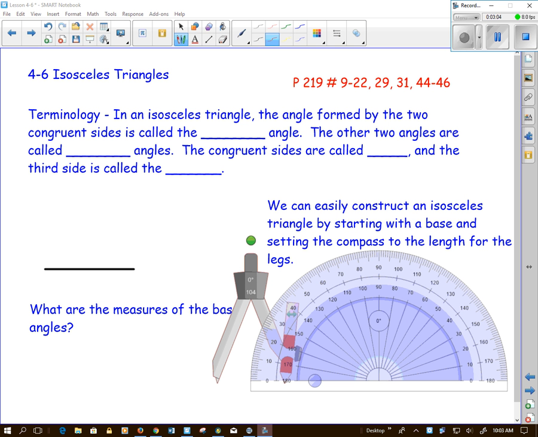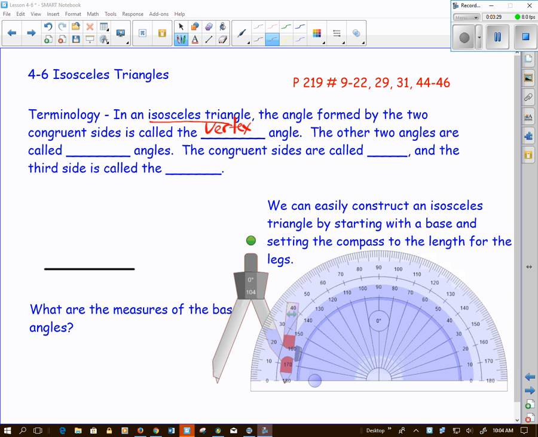And now moving into lesson 4.6 itself on isosceles triangles. So we need some terminology first. We need to know what an isosceles triangle is. An isosceles triangle is a triangle with two congruent sides.